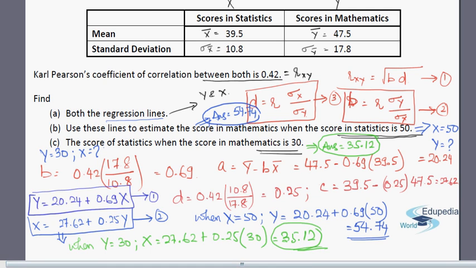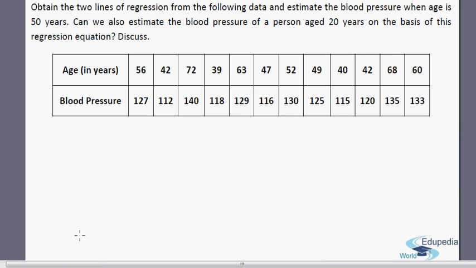So let me give you a question for practice. Here we have the third question for today, and this is a question for you to practice. The question goes this way: obtain the 2 lines of regression from the following data and estimate the blood pressure when age is 50. Well, you have the data of the age of certain number of people and their blood pressure.